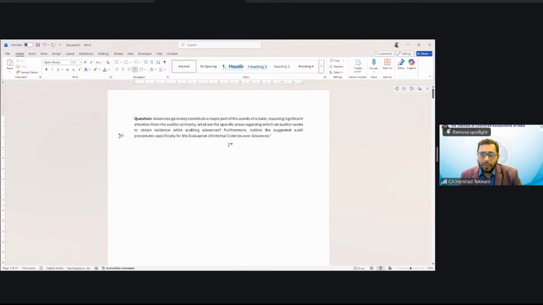So we are required to answer two things. One, what are the specific areas regarding which auditor seeks to obtain evidence while auditing the advances? So take a minute, read the question, and then try to answer it. Very small question, but read the question and then try to answer.